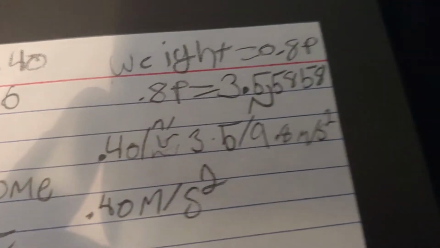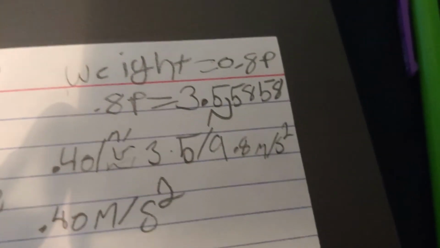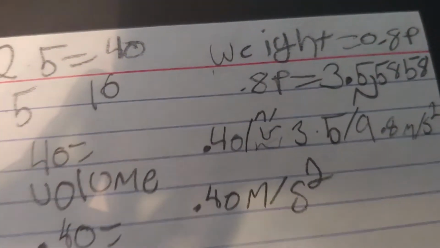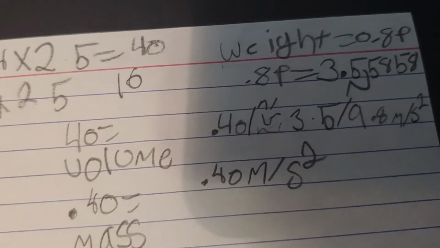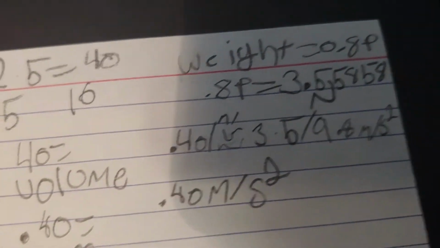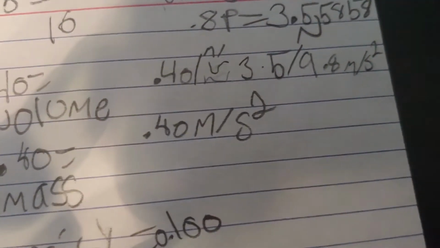And 3.5 divided by 9.8 meters per second squared equals 0.40 roughly. I say roughly, it actually equals 0.39, and then it repeats. And so we get 0.40.